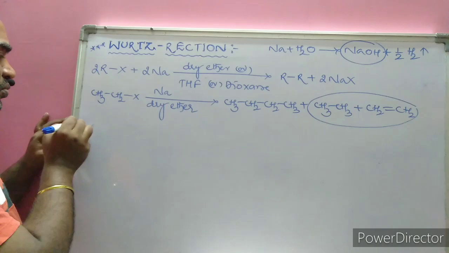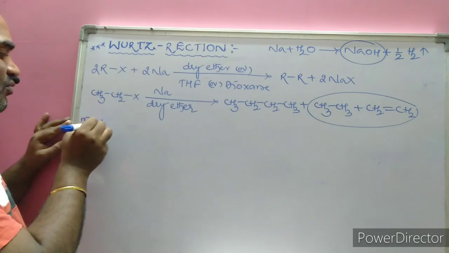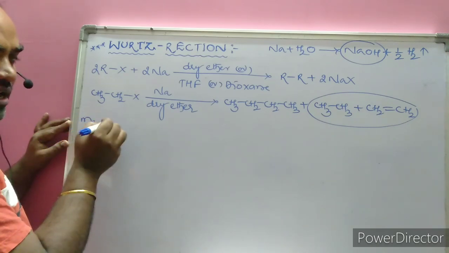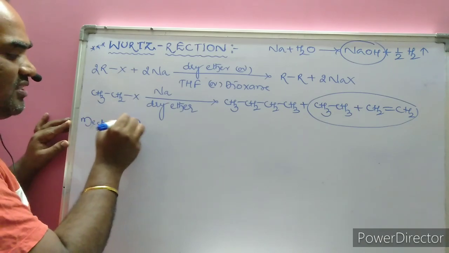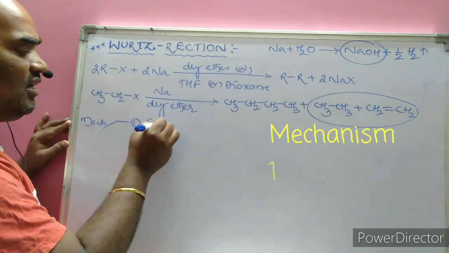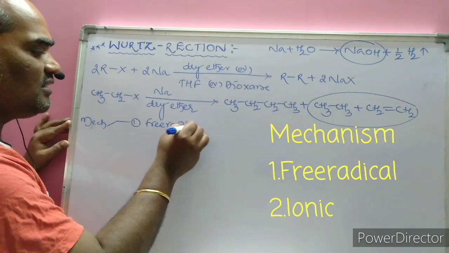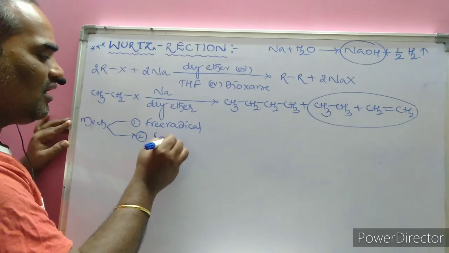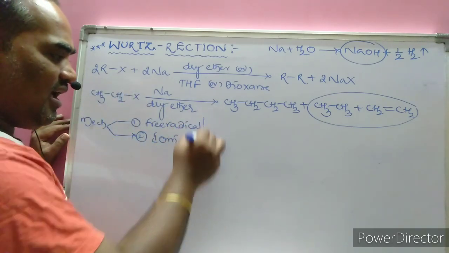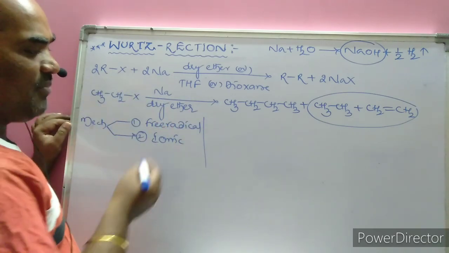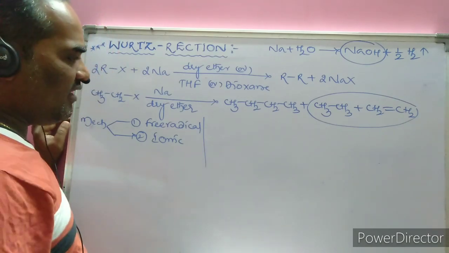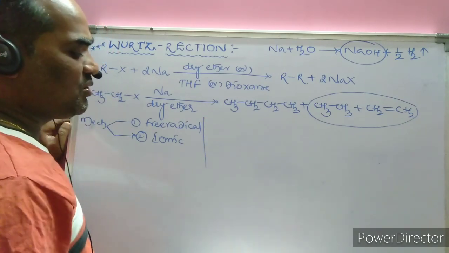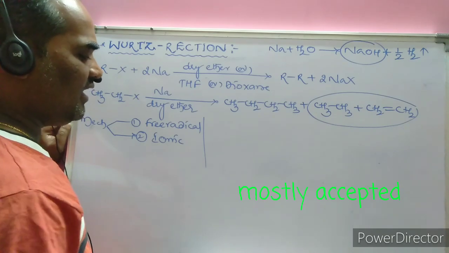Now, in order to explain the mechanism of the Wurtz reaction, two mechanisms were proposed. The first is the free radical mechanism, and the second is the ionic mechanism. First of all, I am going to explain the free radical mechanism. Under the free radical mechanism, first the sodium loses an electron.